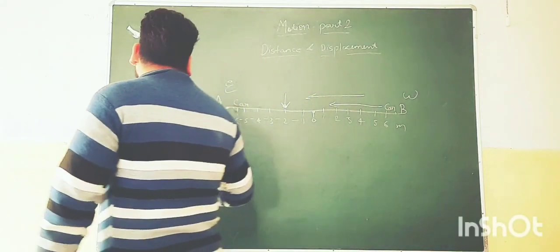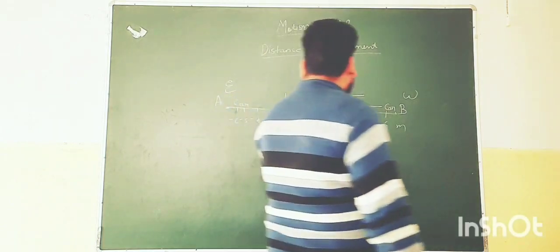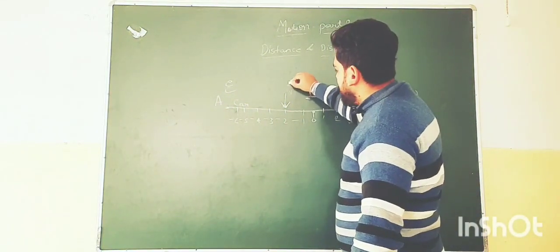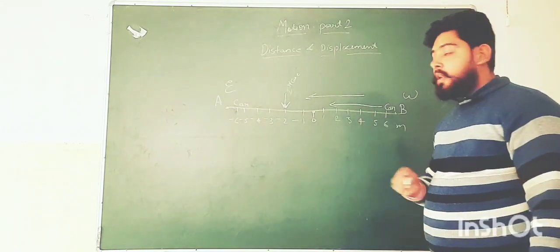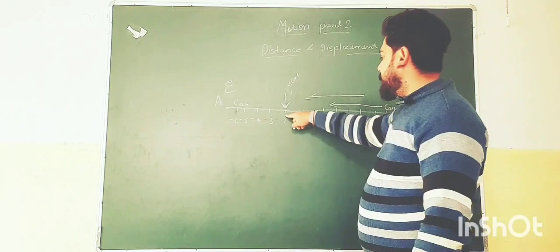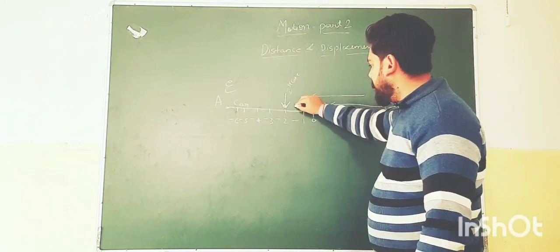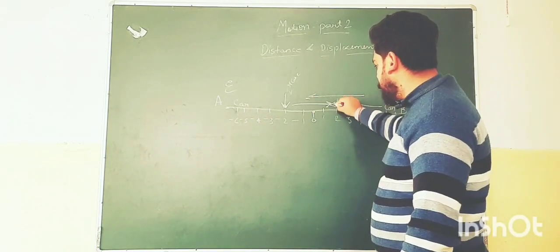Okay. Now, second thing, if I am saying that firstly the object went till here in the first case. Now, what happens? The object comes back here, means firstly the object goes till here and secondly this comes to here, means point 2.